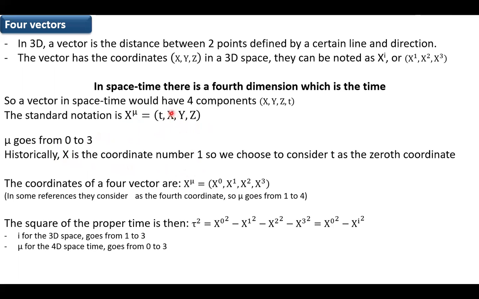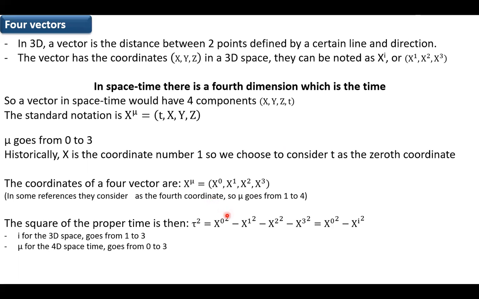So we will keep x as the number 1 coordinate, and we will consider 0 as the 0th coordinate. So in a 4-vector notation, x^mu, the 4 coordinates of a 4-vector, are written as x^0 instead of t, and x^1 instead of x, x^2 instead of y, and x^3 instead of z. So you have a set of 4 coordinates, 0, 1, 2, 3, and the x^0, the 0th coordinate, corresponds to the time axis.